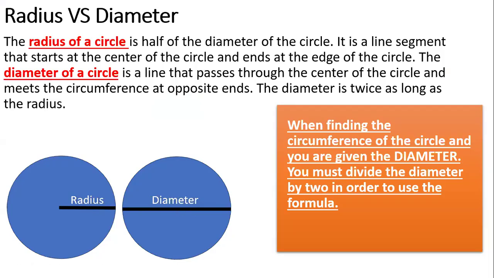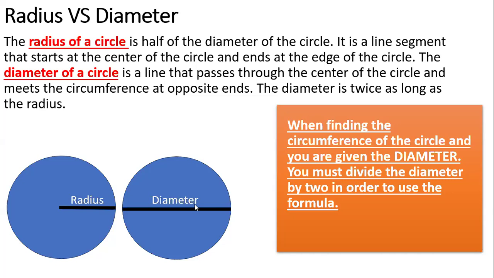Half of the diameter. Divide by 2, right? So when you're finding the circumference and you are given only the diameter, you must divide by what? Divide by 2. Please remember that.